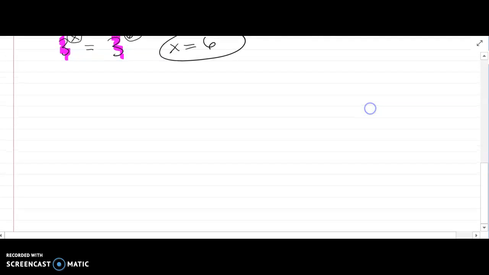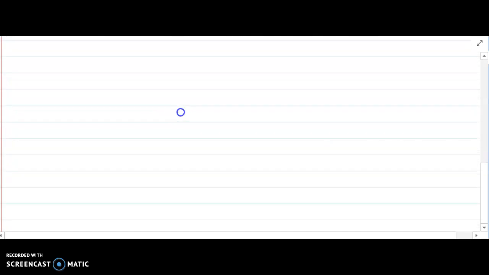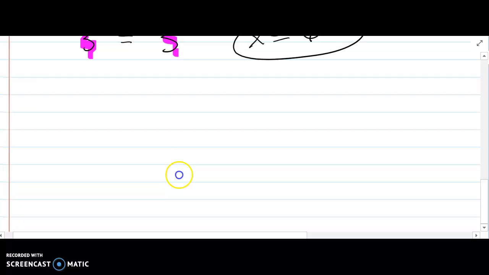Okay, so let's look at another example. So what if I had 2 to the x plus 2 is equal to 4 to the x?